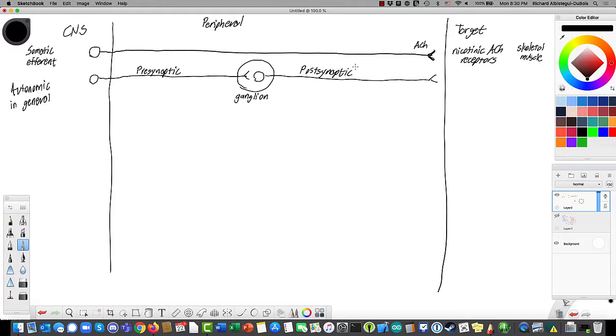That's some terminology you should get used to. So when I talk about a parasympathetic preganglionic neuron, you know I mean one whose cell body is in the central nervous system that synapses onto its target somewhere out in the periphery. And then that postganglionic neuron goes from the ganglion to the target organ. So let's take a look at how the parasympathetic pathways work.